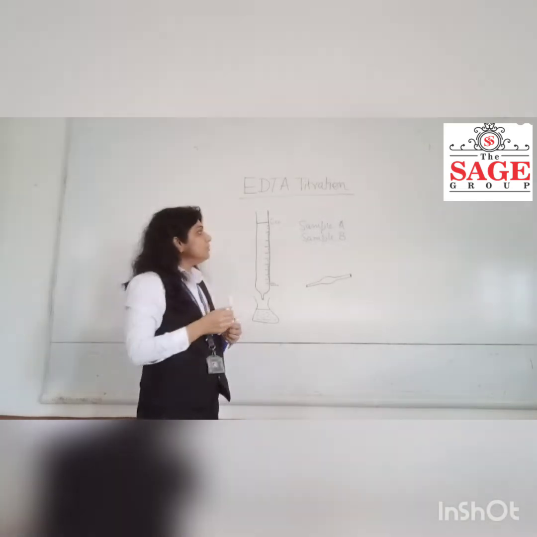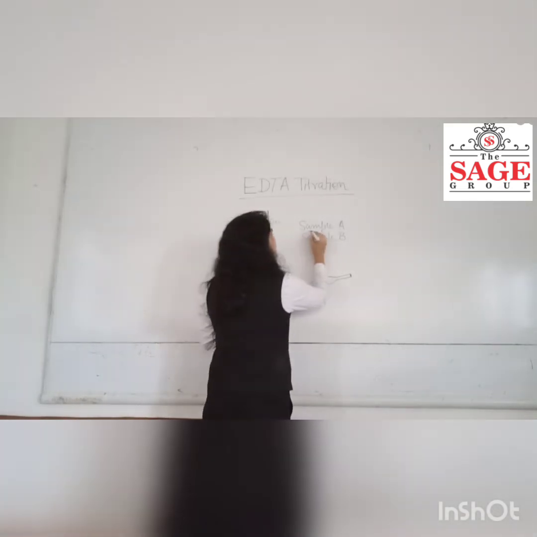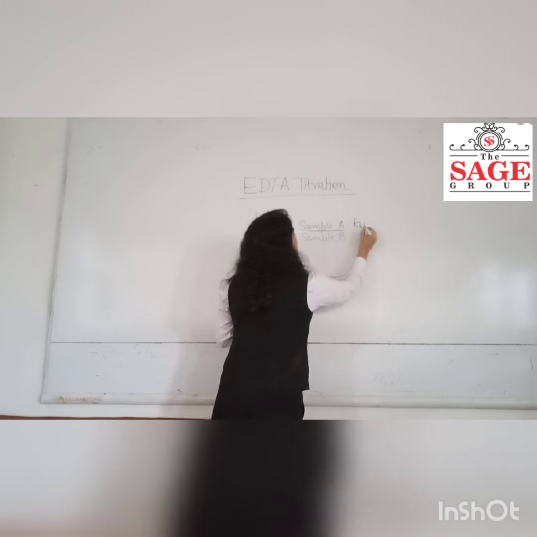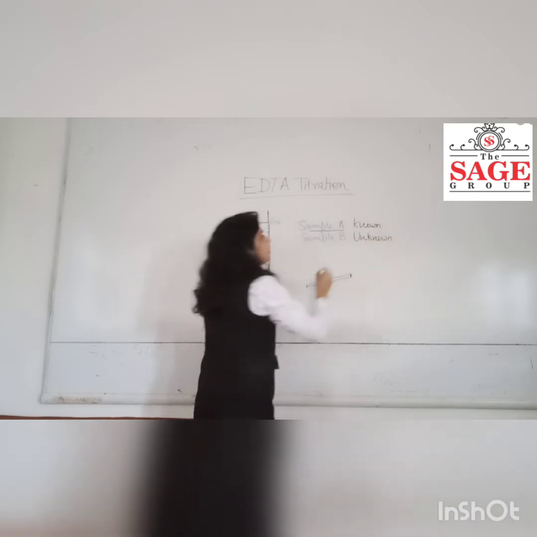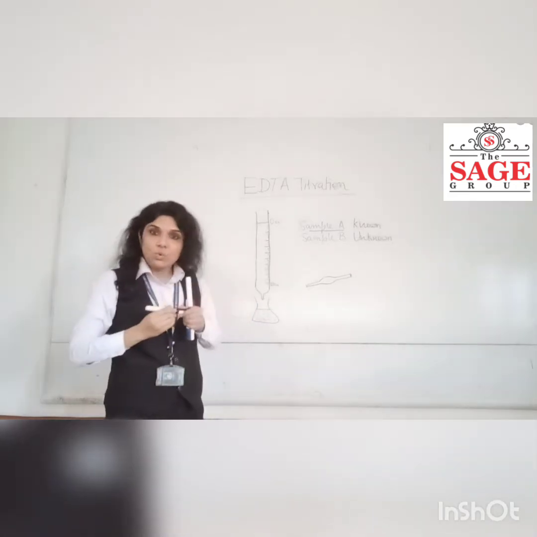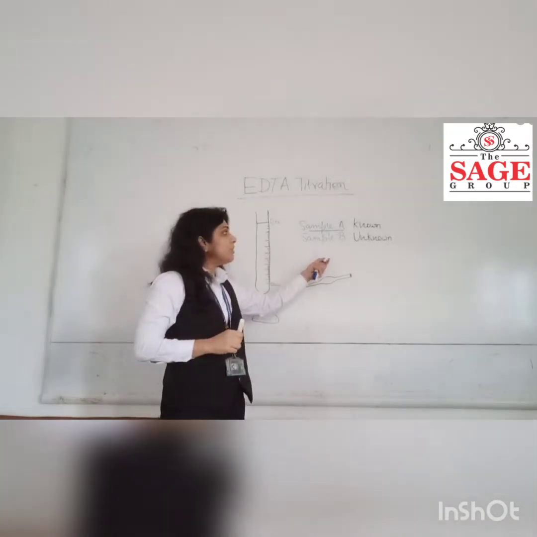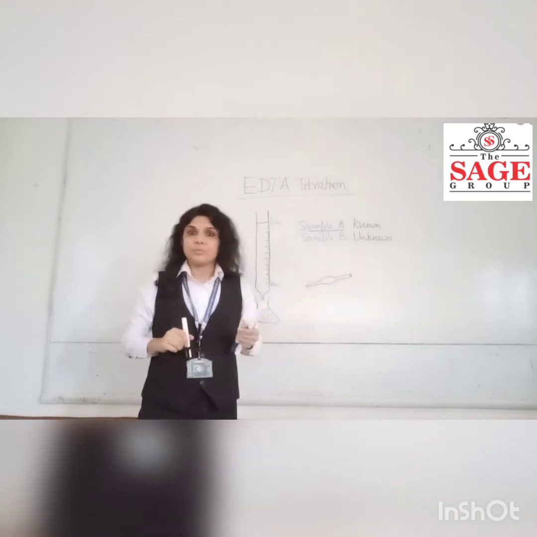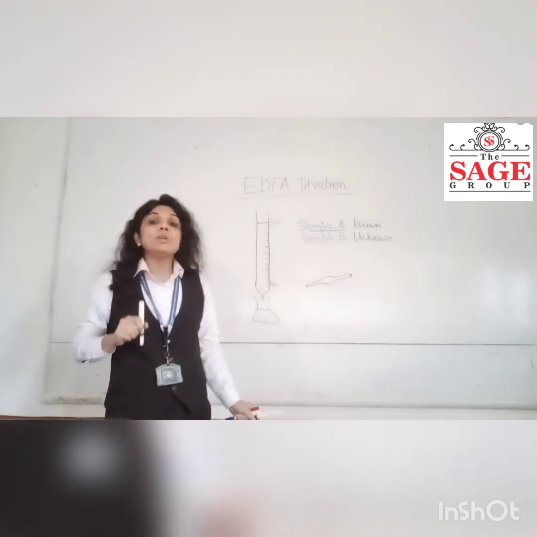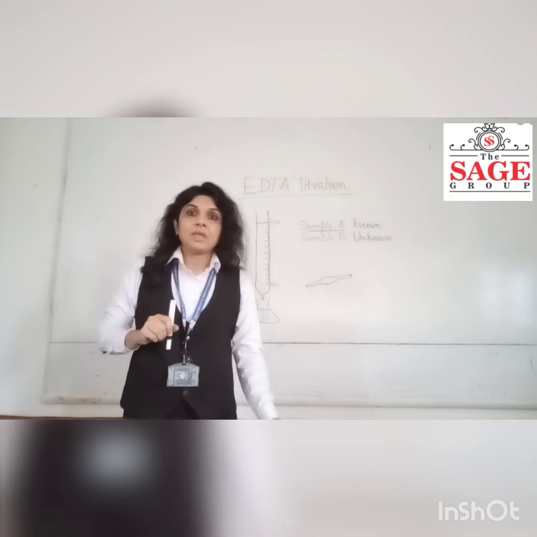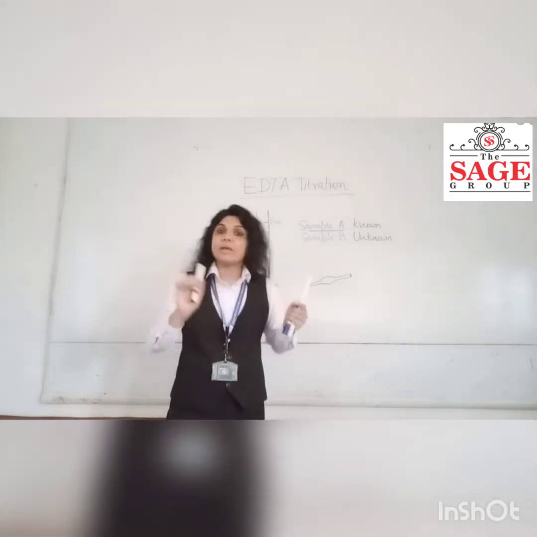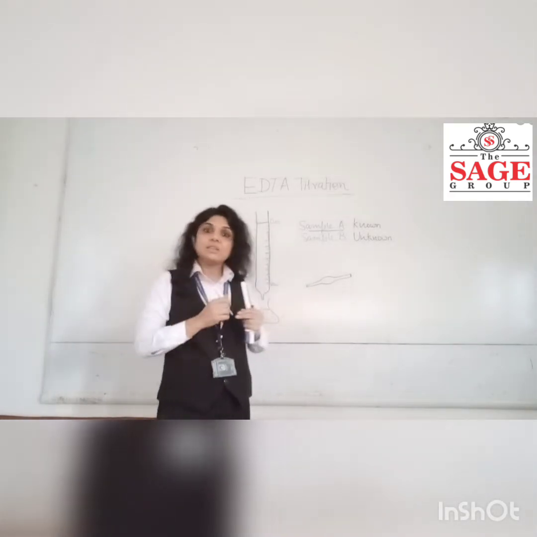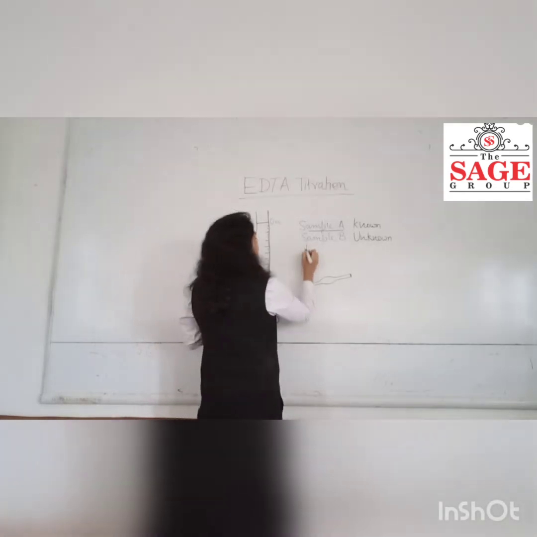Sample A is a known solution and sample B is an unknown solution of water. Known means we know the normality of this solution, and unknown means we don't know anything about that solution. And we have EDTA. So these three things we have.